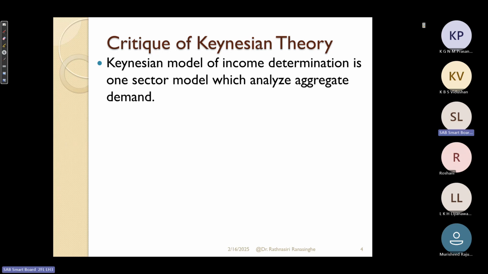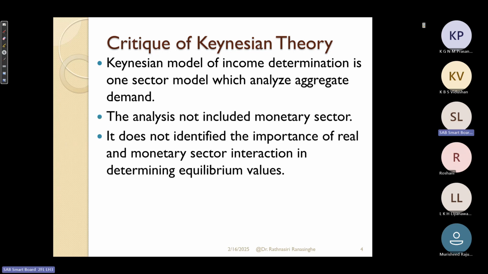That's why the Keynesian theory has limitations. The limitation is that you look only at the real sector and try to explain the behavior of the economy based on it. That is actually not realistic, and it does not include the monetary sector.